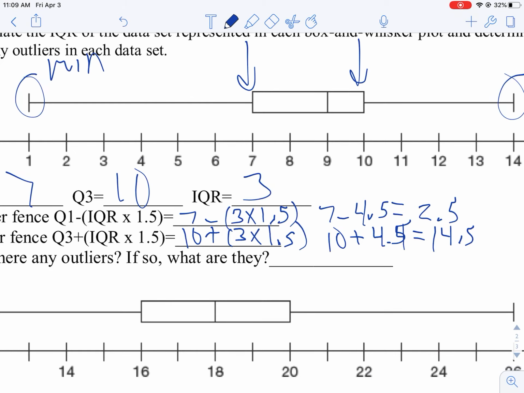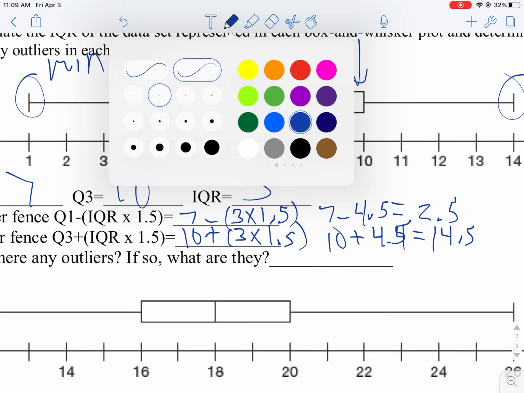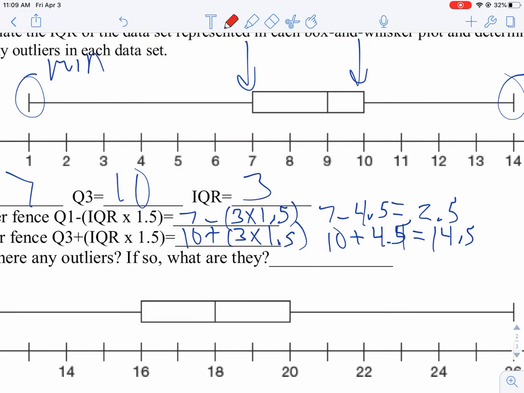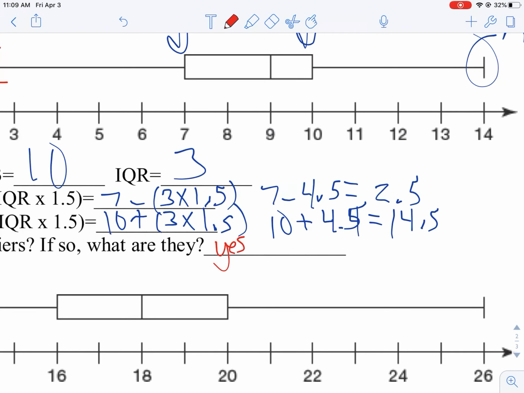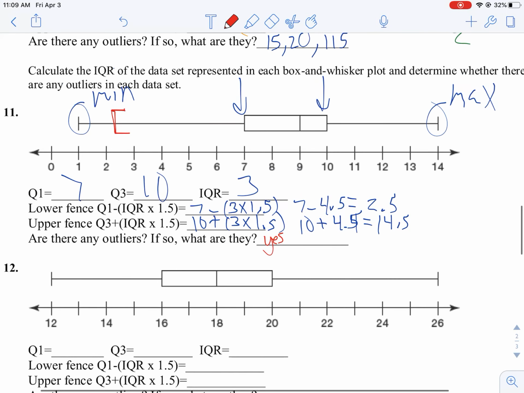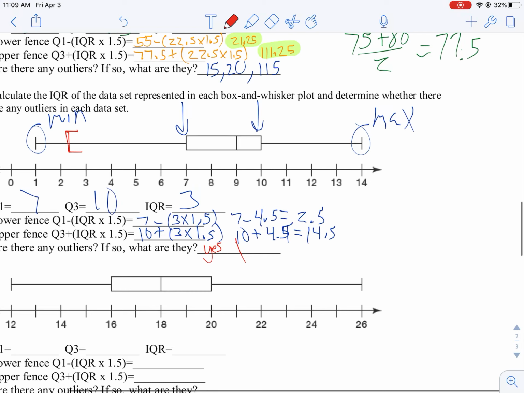We actually cut off the min here because our lower fence is at 2.5. So our lower fence is actually right here. So we're going to say yes, and we are going to cut off 1. 14.5 is greater than 14. Trust me, if someone said, would you rather have $14.50 or $14? I'll take the extra 50 cents.